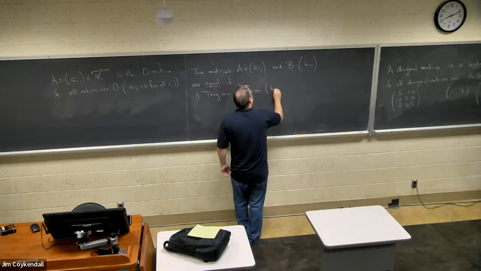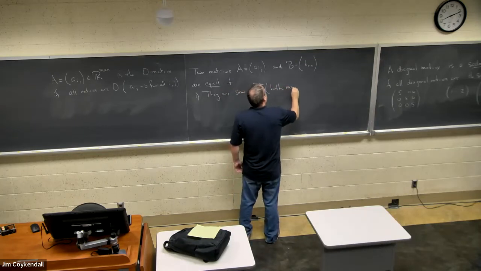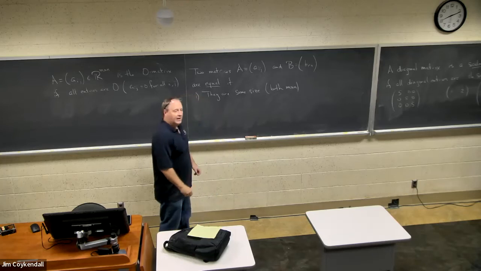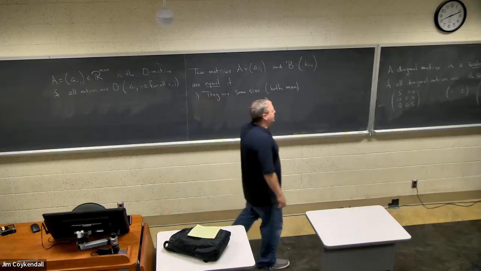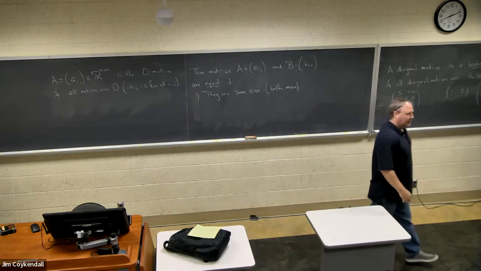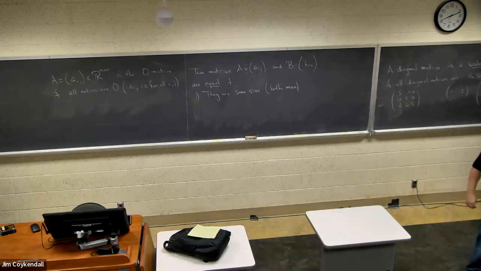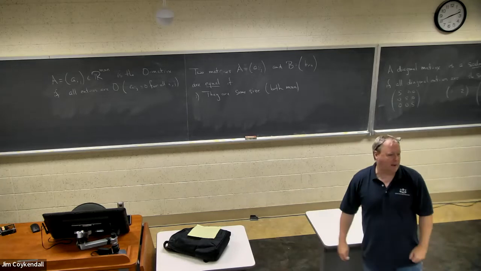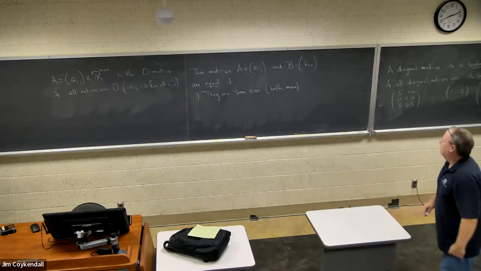Say both m by n, whatever m and n are, for both of them at the same time. Now that you've got them the same size, what has to happen? You want all the entries to match. That's it, right?